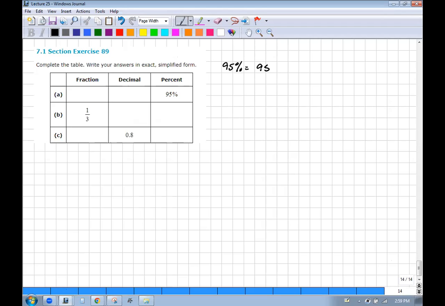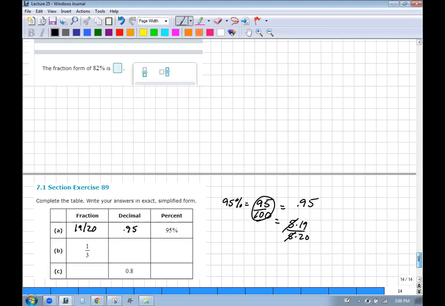Well, that's 95 out of 100, right? Which is 0.95. Well, we already have it as a fraction. Let's see, this is 5 times 19 over 5 times 20. You see, oh, this is 19 out of 20.